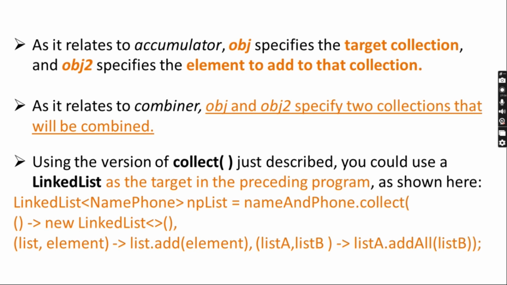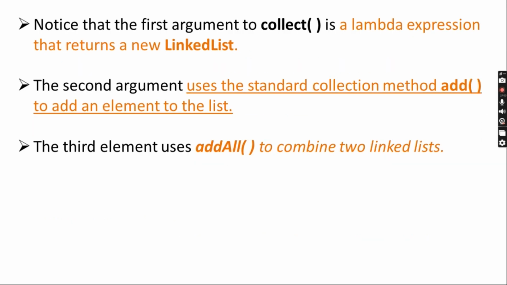Now we have seen one version of collect. You could use a linked list as the target in the preceding program. LinkedList of name and phone, collect, new LinkedList. First the lambda expression, then list, element, list.add(element), then list A, list B, listA.addAll(listB). First argument is a lambda expression that returns a new linked list.